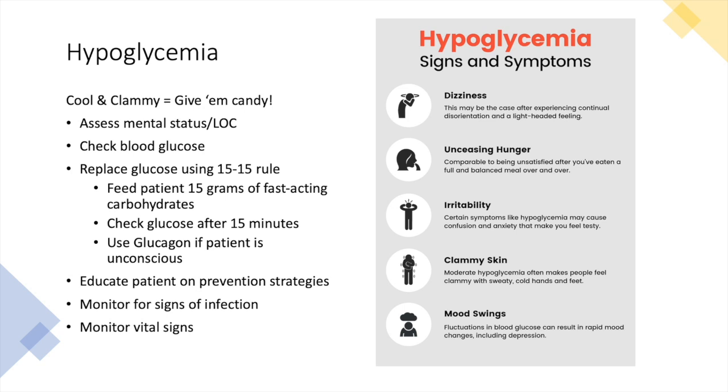You're also going to monitor for signs of infection, because in instances where there are abnormal levels of glucose, whether it's hyperglycemia or hypoglycemia, instances of infection could create some bigger complications than if glucose levels were regulated.